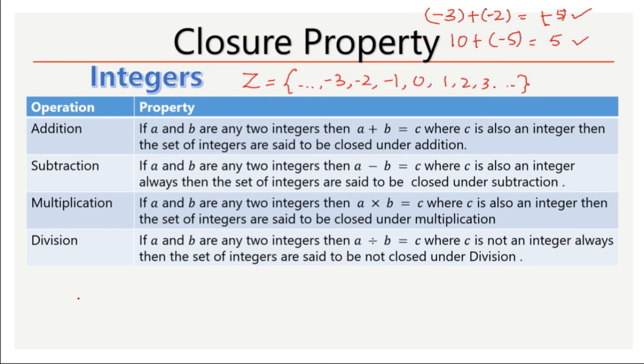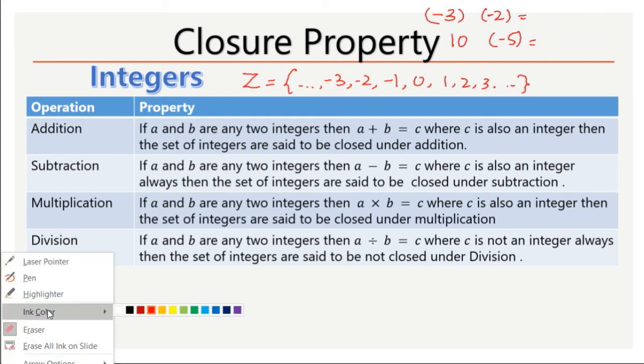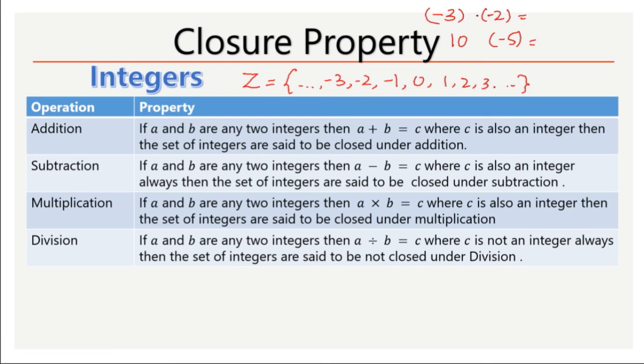When I look at the operation subtraction, do I get the result as an integer? Let's check it out. Here I'll consider negative 3. Negative of a negative number is positive, plus 2. The result is negative 1.